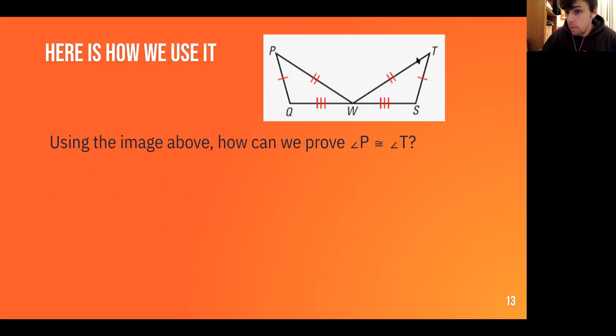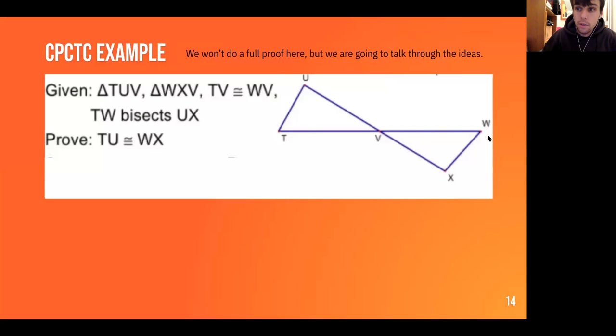Let's look at it a little bit more, not necessarily do everything for a full 2-column proof, but let's go ahead and see a little bit more of what this looks like. All right, given triangle TUV and triangle WXV, and we have some congruences here.